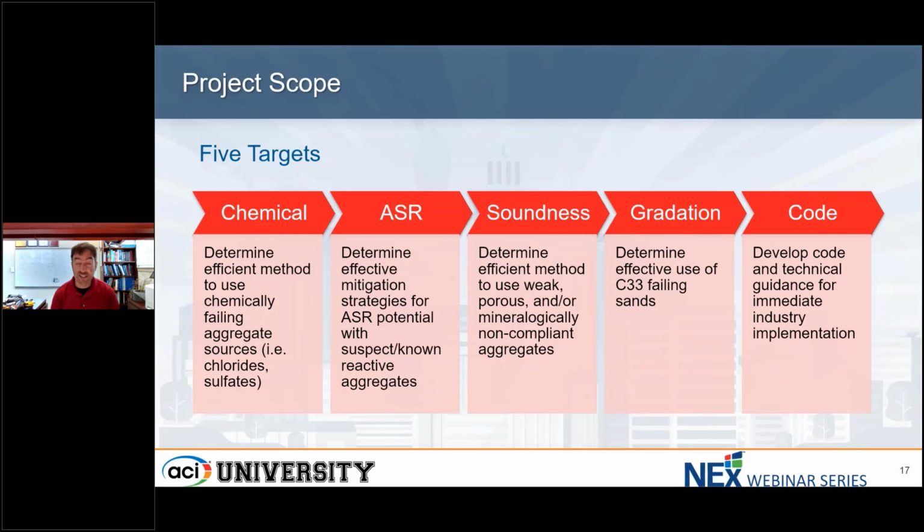I'll just point out that that was for the sands, not the coarse aggregate. And then finally, the 5th objective was, after you get the answers, or at least ideas of answers, how are you going to make recommendations either for code changes or just general practice?